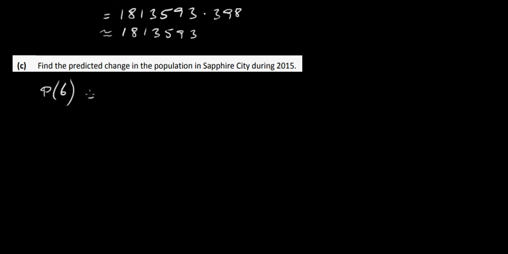So that's going to be equal to 1.1 e to the power of 0.1 times 6, by 10 to the power of 6. That will give us a population of 2004331. So this is the population at the beginning of 2016, or in other words the end of 2015.